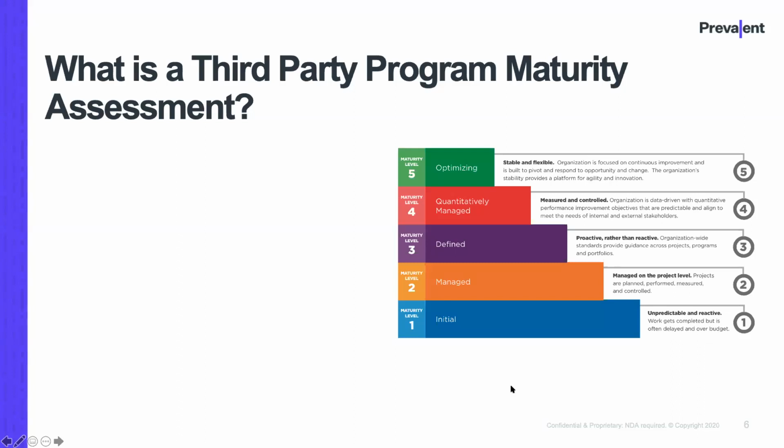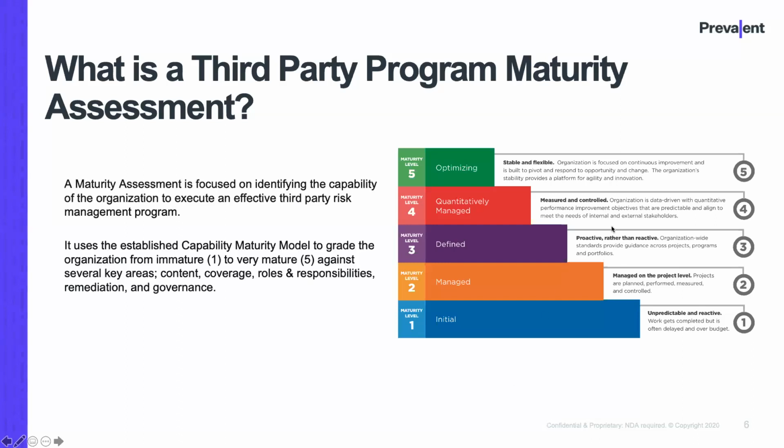The thing about the Carnegie Capability Maturity Model is that it's extremely rare, if not near enough impossible, to get to a level 5. So when we assess organizations, we normally expect them to ambitiously aim for a 3 or a 4, usually within 12 months of conducting their program.